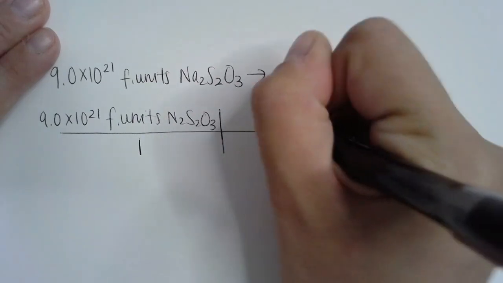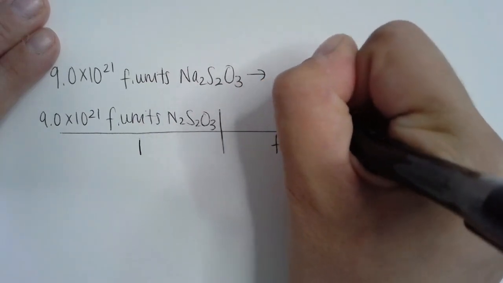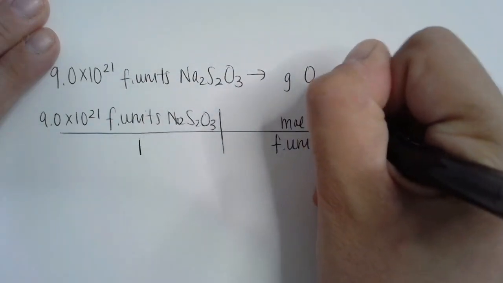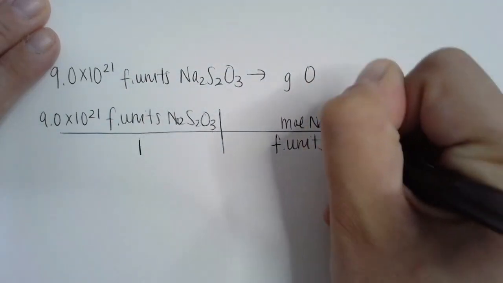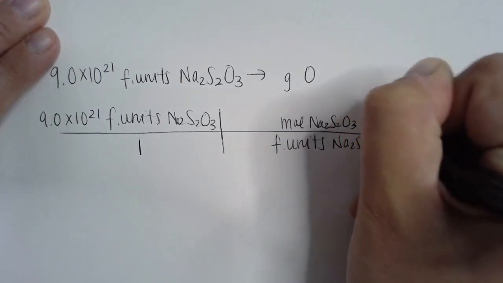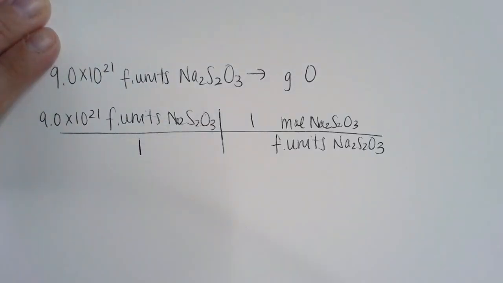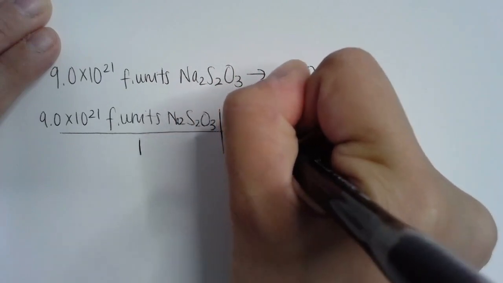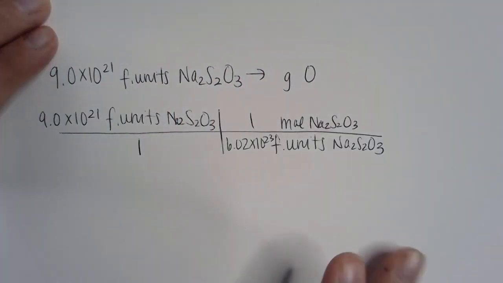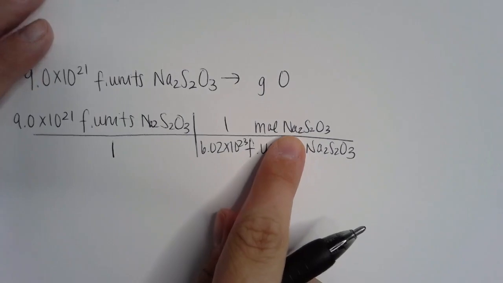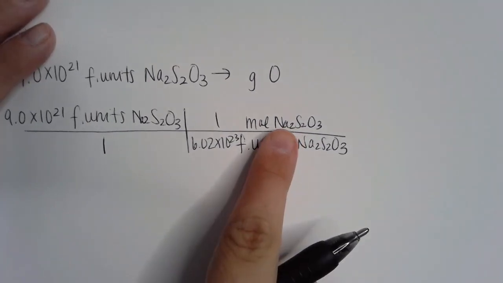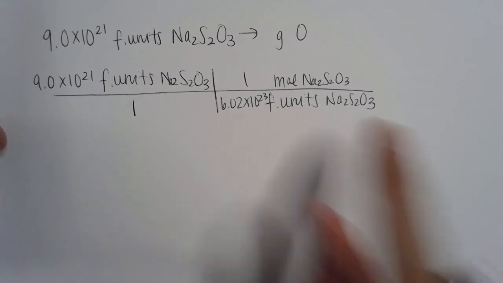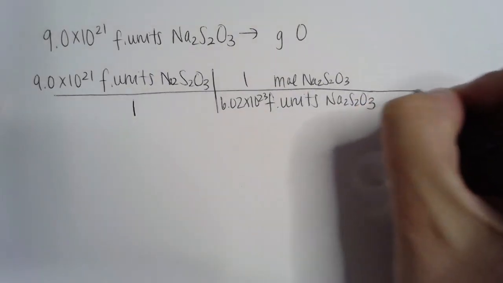Formula units to moles, and we're going to use Avogadro's number first. 6.02 times 10 to the 23rd. Now that I'm in moles of, I think this is thiosulfate. Okay, it was what I thought it was. This is sodium thiosulfate. Makes it a little bit easier.